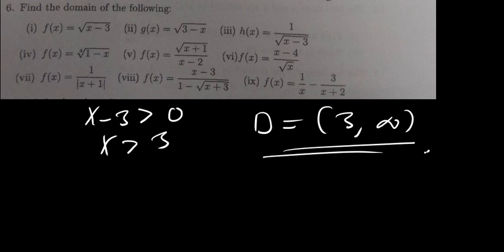Starting from 3, but 3 is not part of it. The moment I include the 3, 3 minus 3 is 0, the square root of 0 is 0, meaning I've got 1 over 0, which is undefined. That's why I have put this open interval to show that 3 is not part of the solution. So that's how you find the domain.